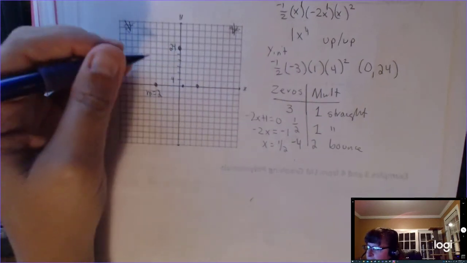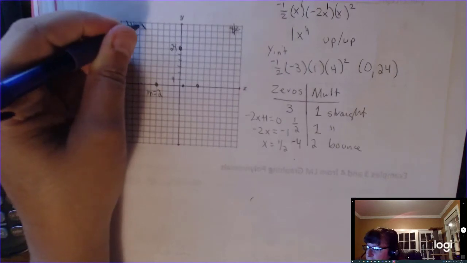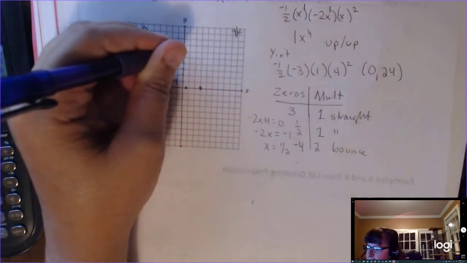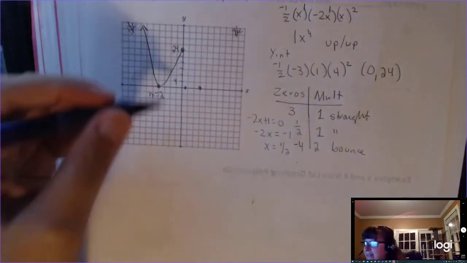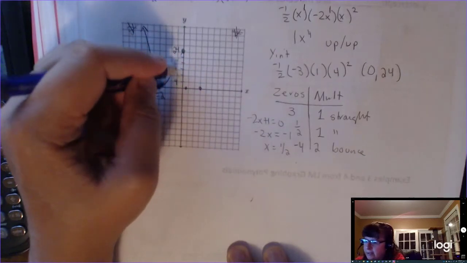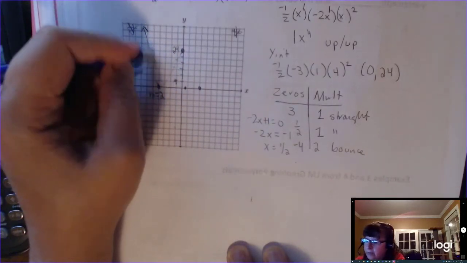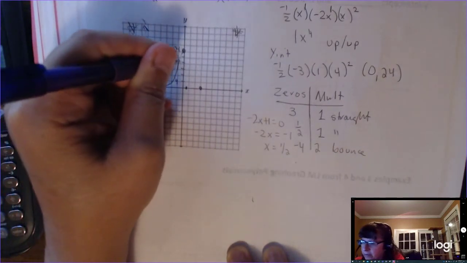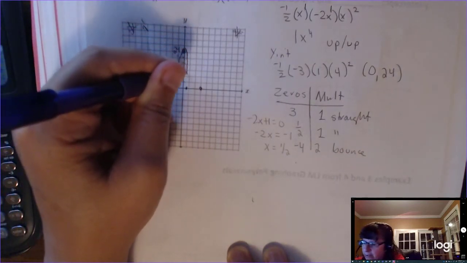So I'm going to start up here and bounce. And that's too steep. It's not steep enough here, so let me redo this. Let's see if we can come a little steeper and then turn around.